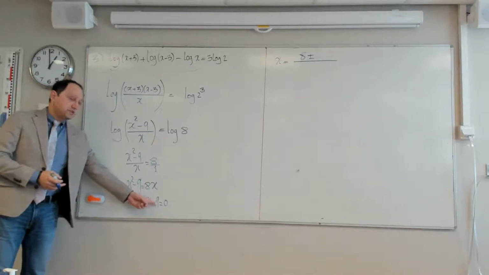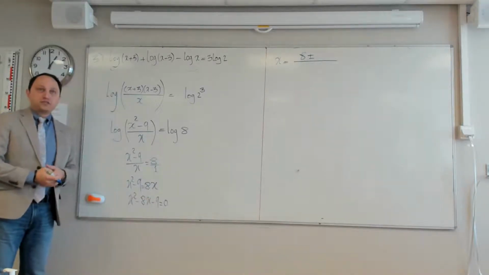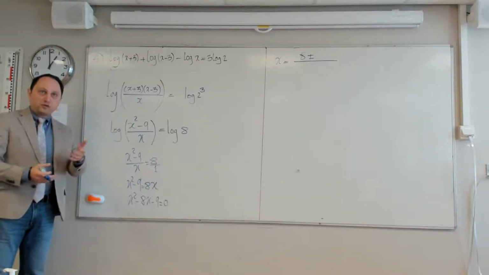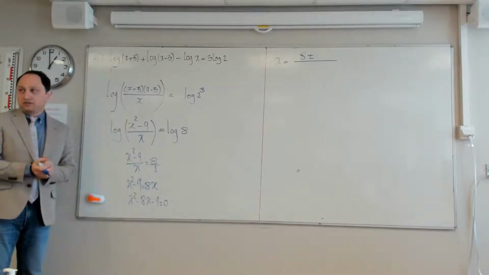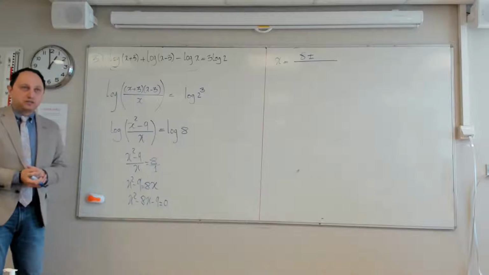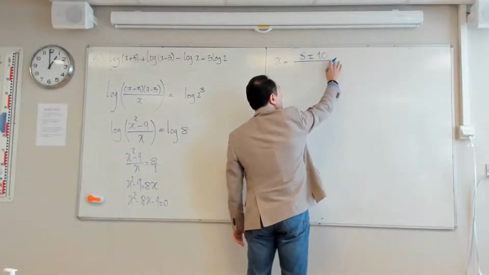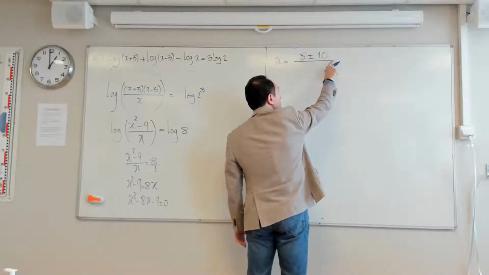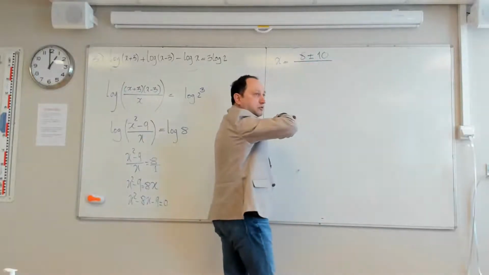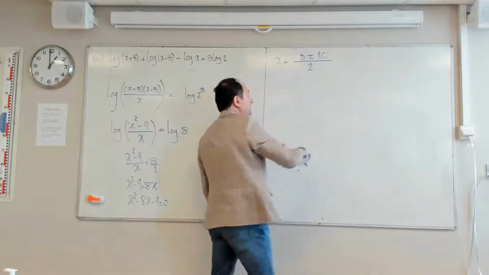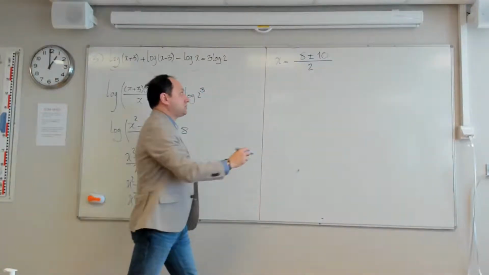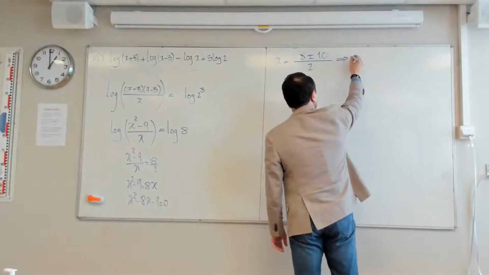Minus 4 times minus 9 is positive 36. 64 plus 36, how much? 100. The square root of 100? 10. So I can write 10. If you are not able to do it in your head, just be patient and write it down. And then 2 times 8. And then I get 2 answers. What are those answers?